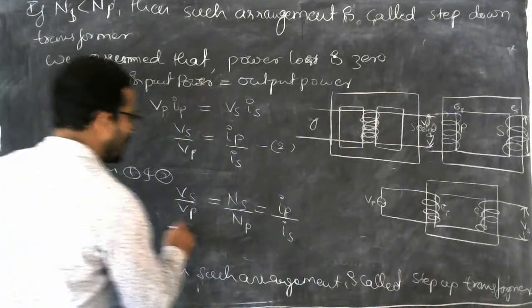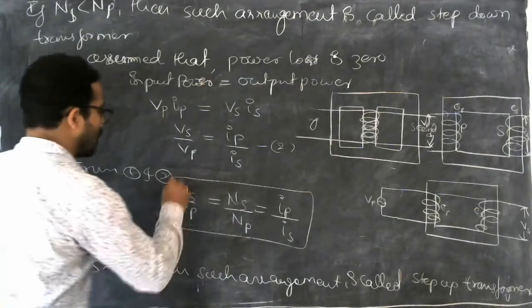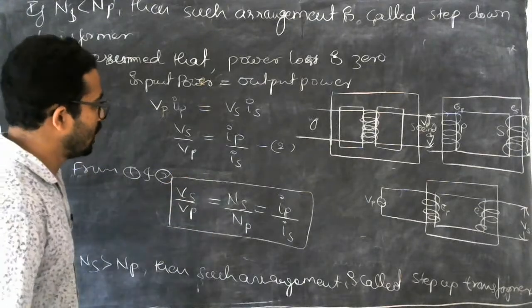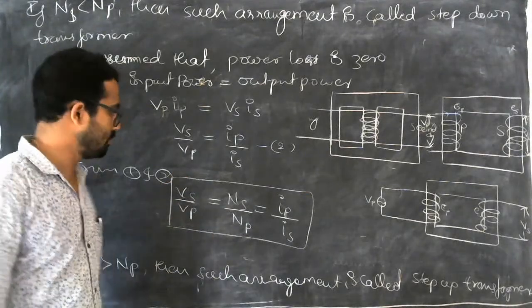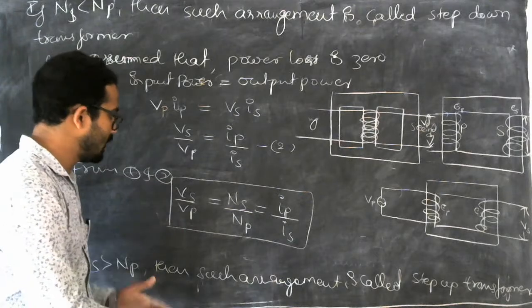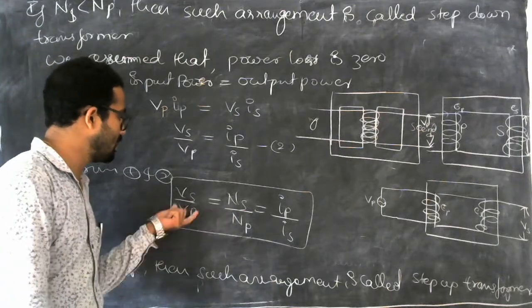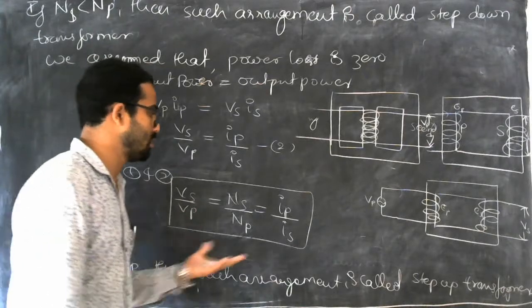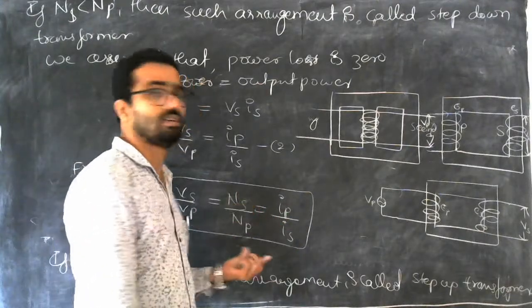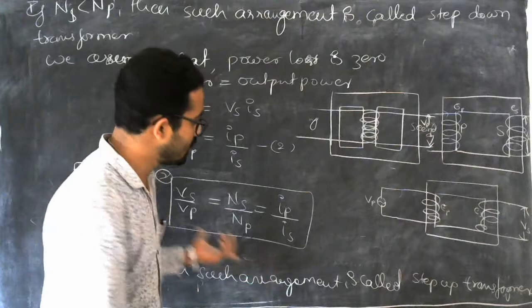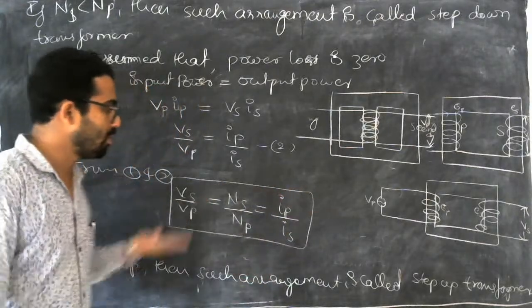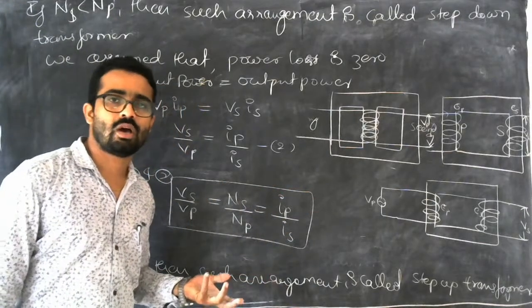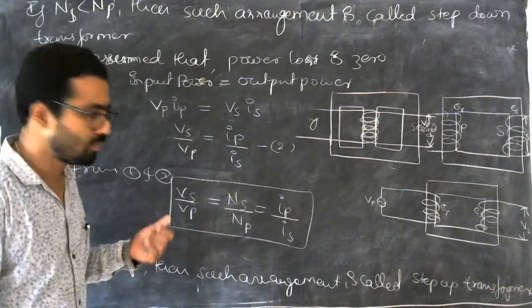So this is a relation we obtained from this derivation. You can see the relation between the number of turns and voltages, as well as the relation between the current and the number of turns. So this is helpful for practical purposes or for calculation purposes.